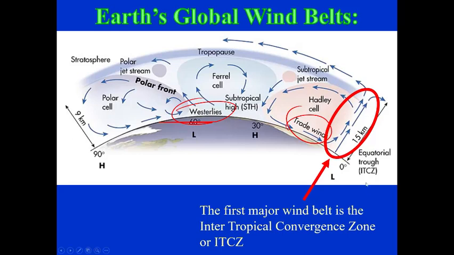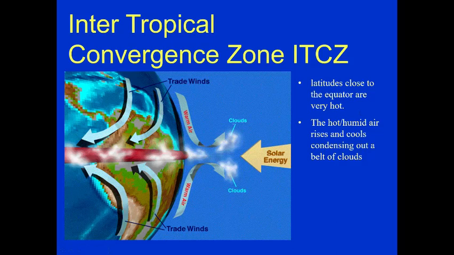So, air at the equator is very hot. It gets a lot of solar radiation shining down on the equator right there. And that's going to cause air to rise along the equator. Now, when that air rises because of the high solar energy that prevails at the equator, it's going to start cooling down, and it's going to start condensing once it hits the dew point.